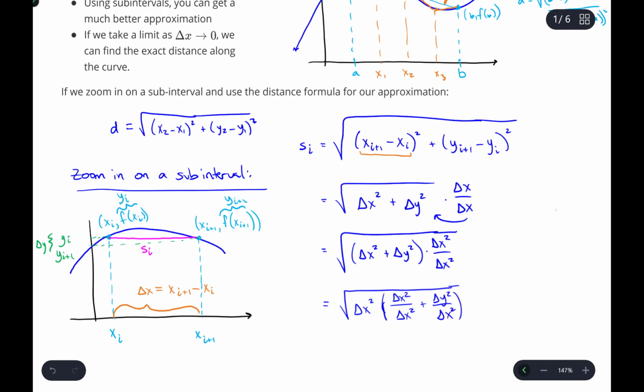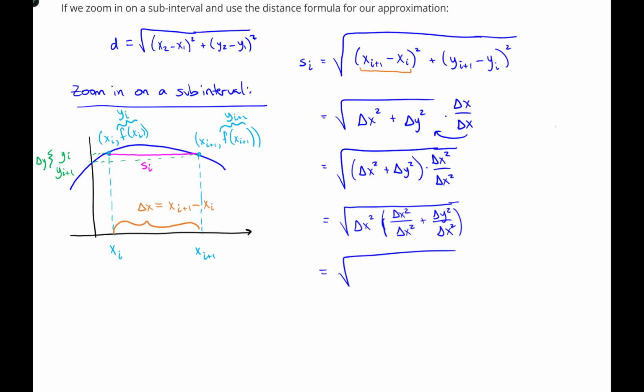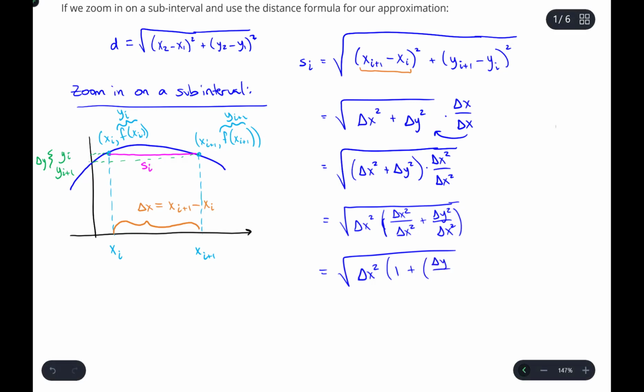Okay, so I took the one in the denominator and distributed it into these parentheses, which allows me to manipulate some more things. Delta x over itself divides and becomes 1. So this would be delta x squared times 1 plus delta y over delta x quantity squared, because whenever you square a fraction, it's the same thing as just squaring the numerator and denominator separately.